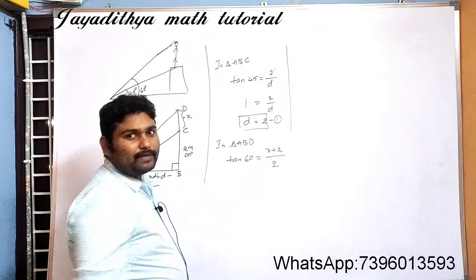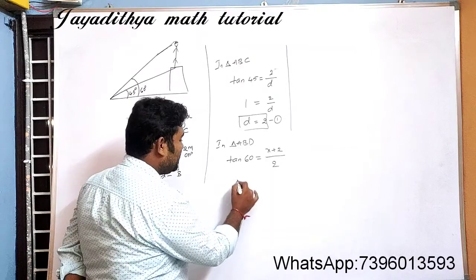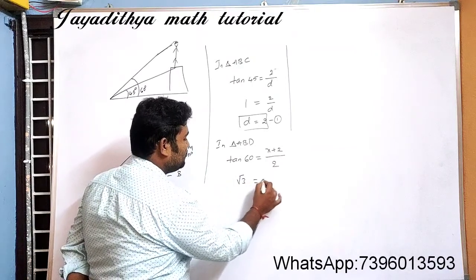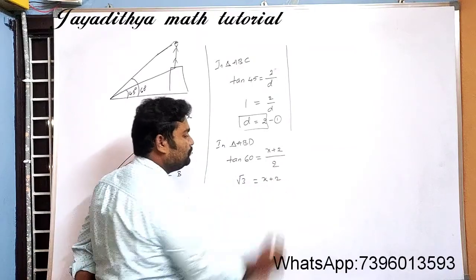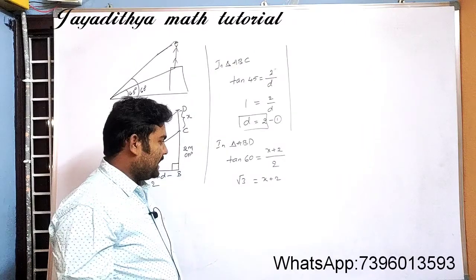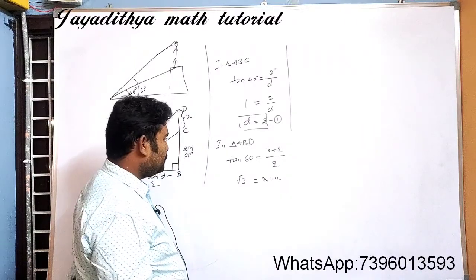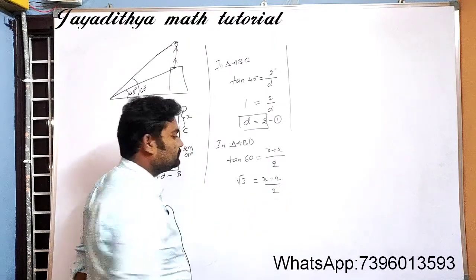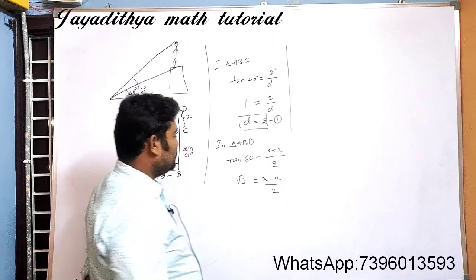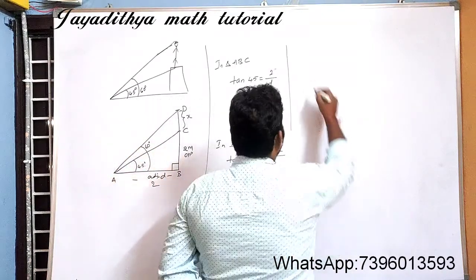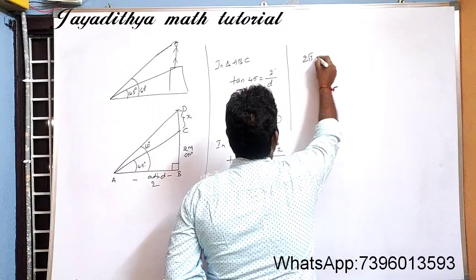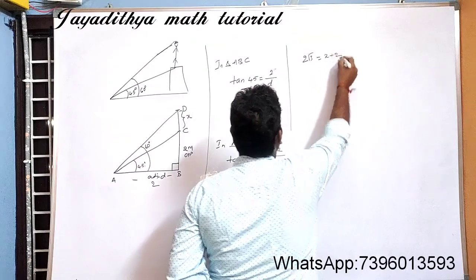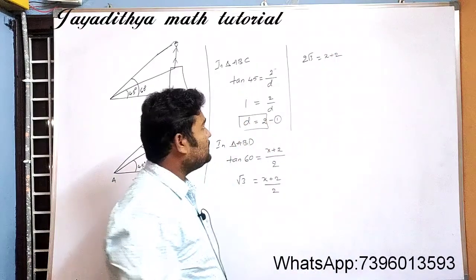So what is the value of tan 60? Tan 60 is root 3, which equals (x plus 2) by 2. Now you simplify this, you will get 2 root 3 equals x plus 2.